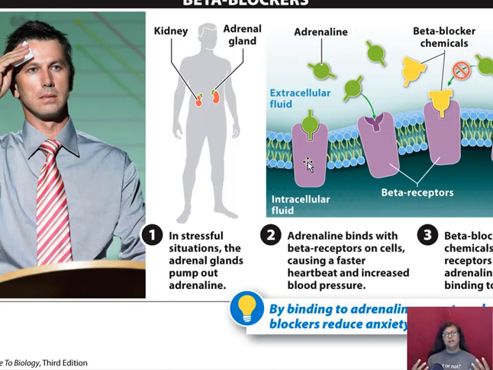That's a huge effect for someone who's, say, having an anxiety attack, or is having an issue with this production of adrenaline that's not wanted. Well, drugs have been made called beta blockers, hence the name. They actually block and sit in the beta receptor, and in that way, adrenaline cannot sit in that receptor to initiate all those downstream effects. And so that's how beta blockers work.